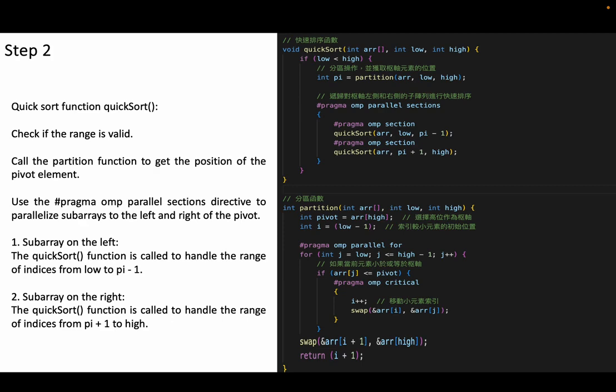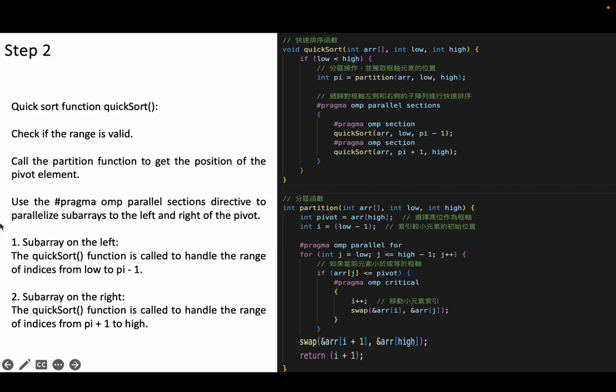If the current j element is less than the pivot, i will increase once, and the swap function will receive two parameters: one is array i, and the second is array j. And if the current j element is more than the pivot, the swap function will receive two parameters: one is array i add one, and two is array high, and finally it will return i add one.